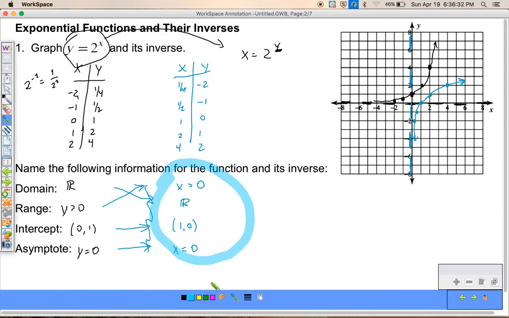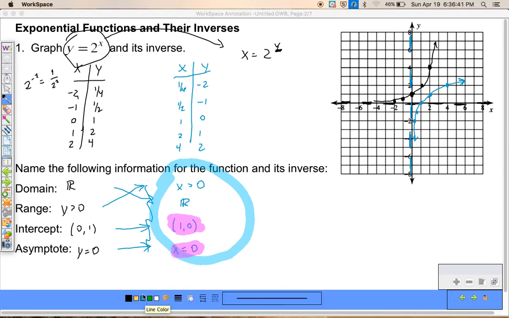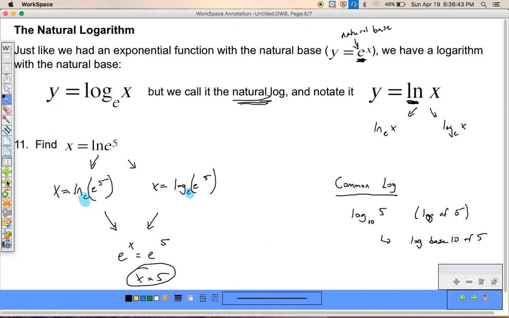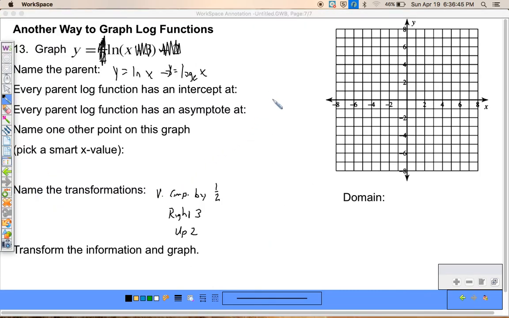The two important ones being we have an x-intercept at 1 and we have a vertical asymptote at 0. If we know those two things for our parent function, that every parent log function has an intercept at (1, 0) and has an asymptote at x equals 0, we can start off with that to graph this because there's two pieces that we can transform.